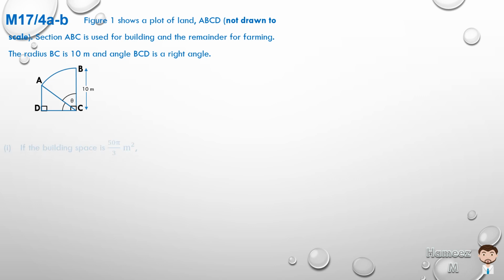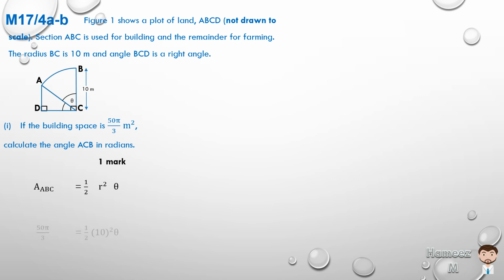Part 1. If the building space, which is ABC, is 50 pi on 3 meters squared, calculate the angle ACB in radians. So we want to find theta. The area of a sector ABC is equal to half r squared theta. We know the area of the sector and we know the radius, so we can find theta.